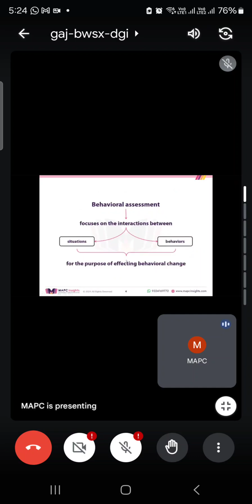Behavioral assessment focuses on the interaction between situations and behaviors for the purpose of effecting behavioral change, the positive behavior change. We try to focus on the interaction between the situation and the behavior.